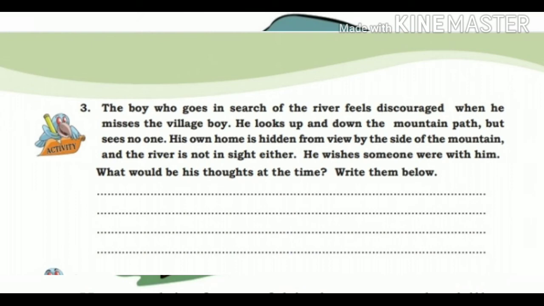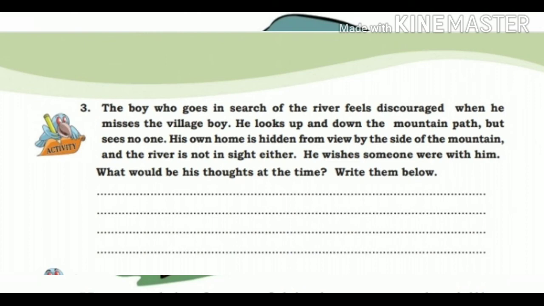Okay, for example, how far is the river? Was the village boy told the correct way? Did the woodcutter tell the right kilometers, the right time? All those things you can write like that. Okay, like that, whatever comes to your mind, you can write.